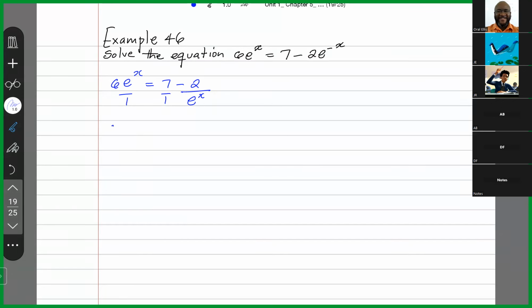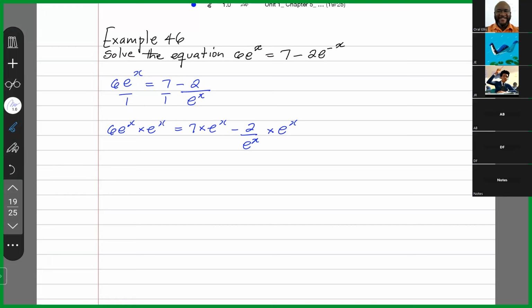So this is 6 e to the x times e to the x is equal to 7 times e to the x minus 2 over e to the x times e to the x. So what I did is I multiplied every term in the equation by e to the x, and this is to get rid of the fractions.